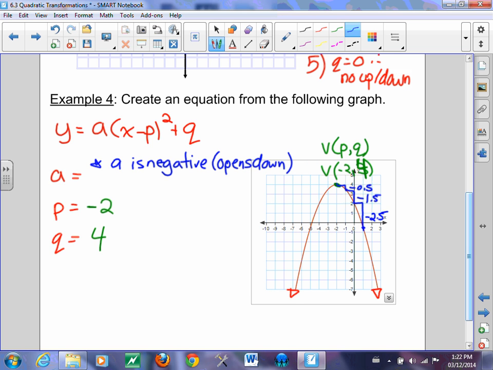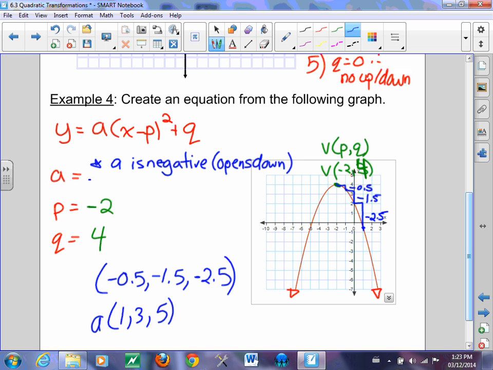So based on our step pattern of -0.5 and -1.5 and -2.5, how does that relate to our step pattern of A times 1, 3, and 5? Well, hopefully you realize that A has to be -0.5 or A has to equal -1/2. I prefer the fraction, ladies and gentlemen.